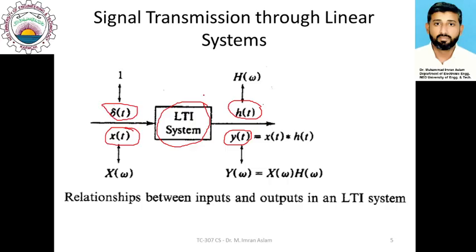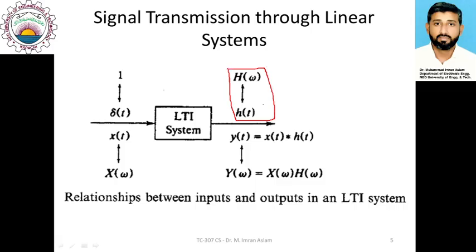If we apply delta(t), the output that you get is h(t). In the frequency domain, if you transform this delta(t), it comes out to be 1. And if you transform h(t) into the frequency domain, it comes out to be the frequency response of the system. So these quantities are related to each other. If you change the domain of h(t), you get the frequency response of the system.